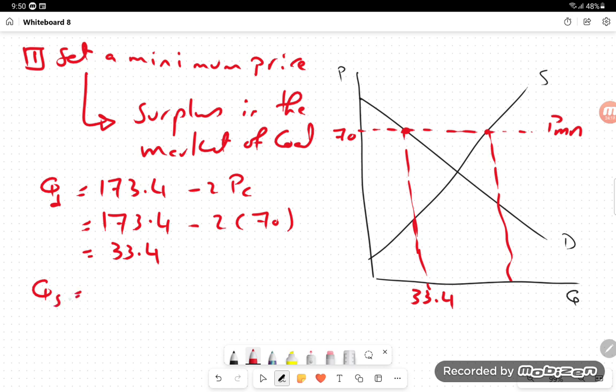While with respect to quantity supplied, it will be negative 6.6 plus 1 multiplied by 70. It will be 63.4. So the quantity supplied is 63.4, while the quantity demanded is 33.4. Such a policy is hard to maintain without further interference from the government, to buy up the extra coal, for example, or provide subsidies to the coal industry.